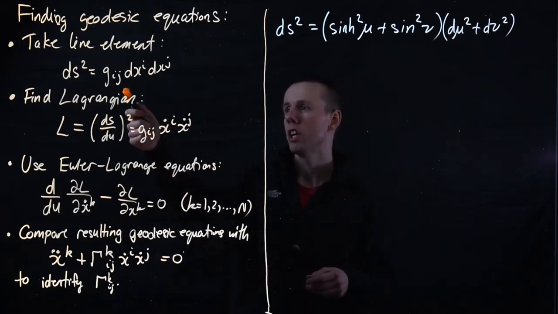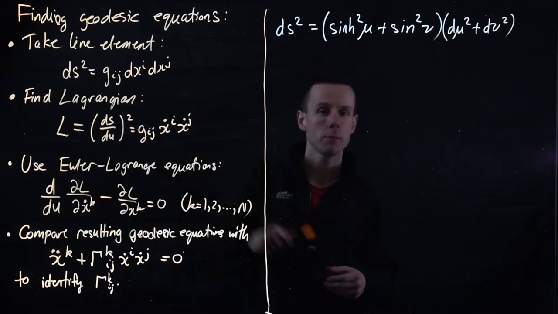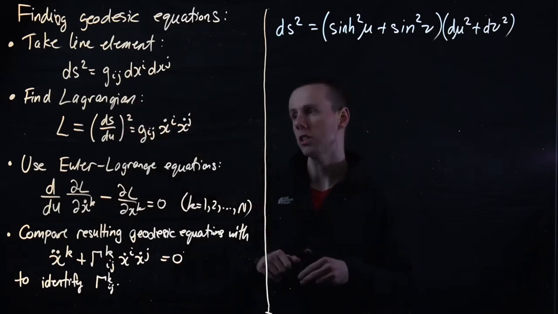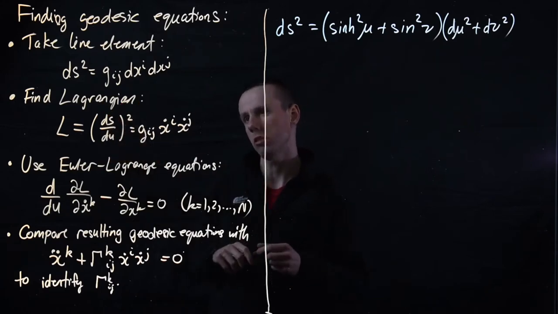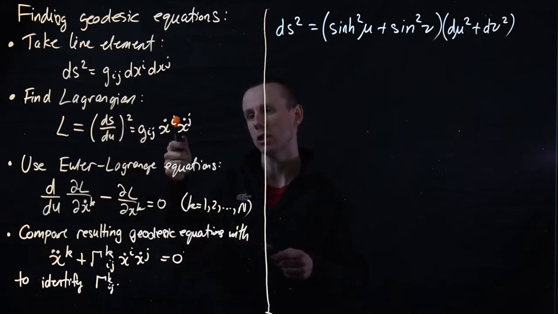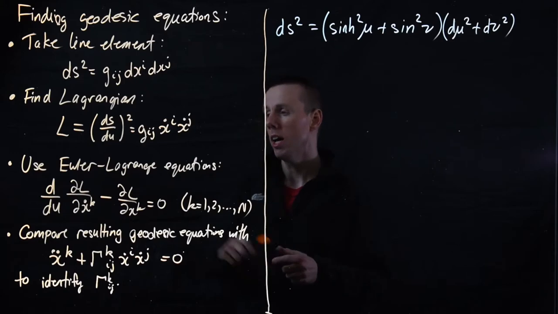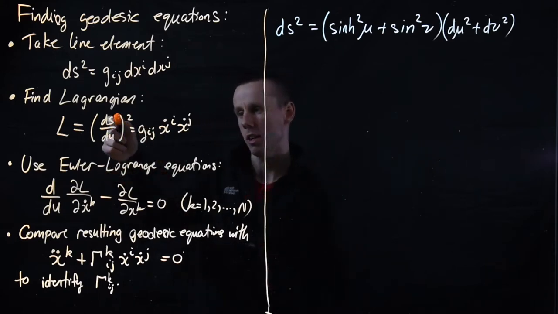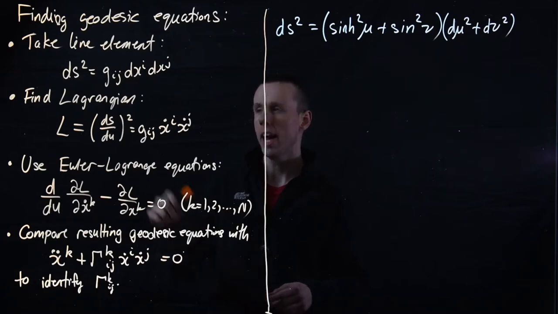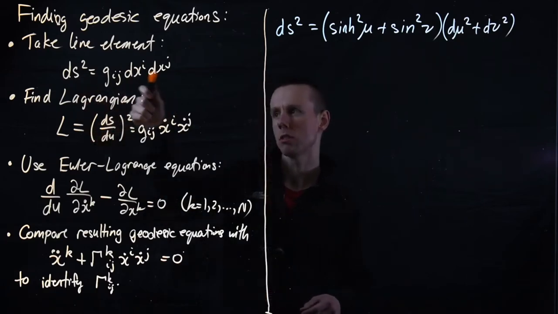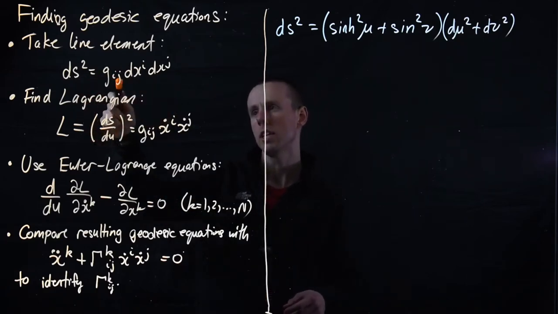So you will have your expression for the line element in your coordinate system, and then what you do is find this Lagrangian. Okay, so Gij x dot i x dot j. In other words, this is ds by du squared. So if you have the expression for the line element, ds squared is Gij dxi dxj.